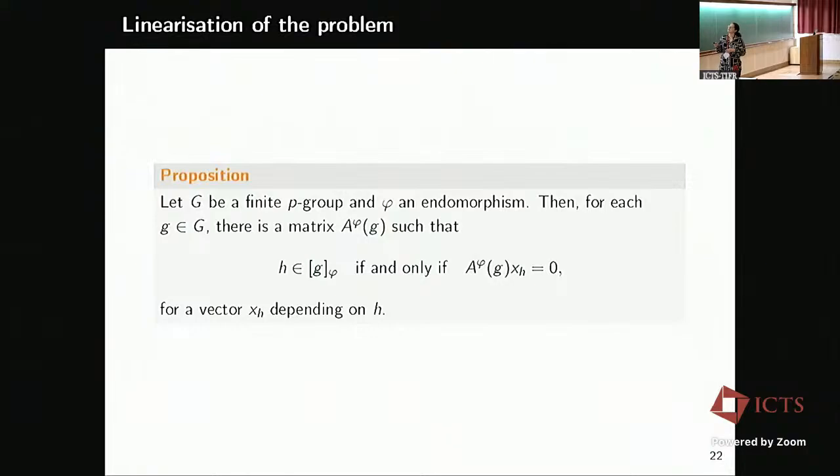This A phi depends on phi, but also on which element you're taking. And we know that one element belongs to the class of G if and only if the logarithm of it, the correspondence into the Lie ring by the Lazard correspondence, satisfies that A phi G applied to that as a vector gives 0.